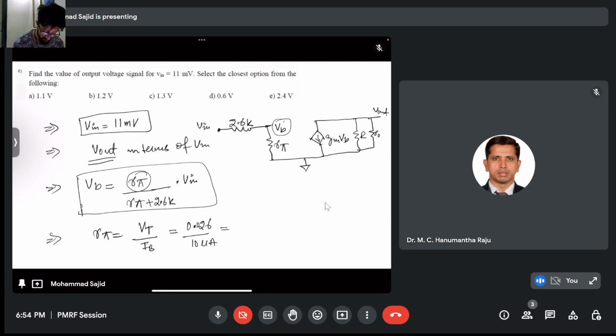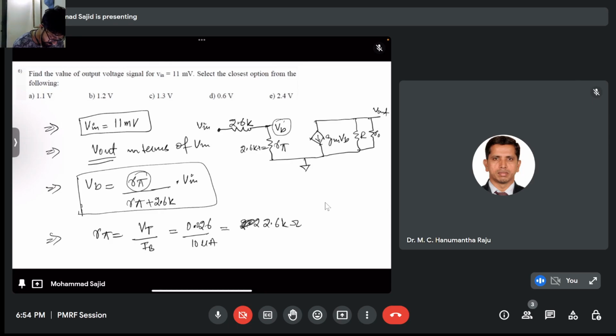This comes out to be 2.6 kilo ohm. So my R pi is also equivalent to 2.6 kilo ohm, right?